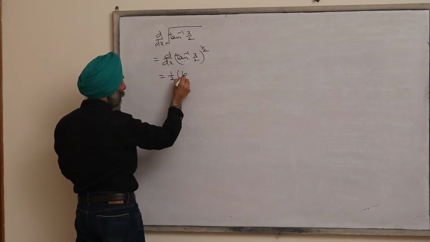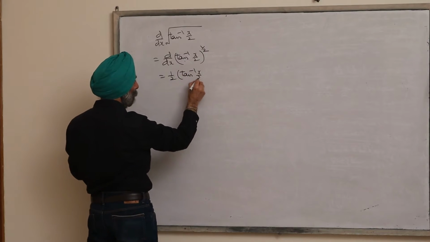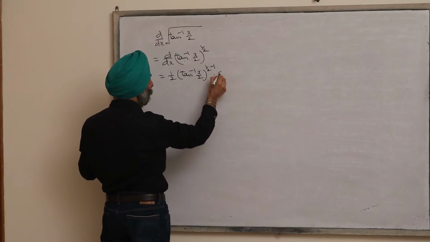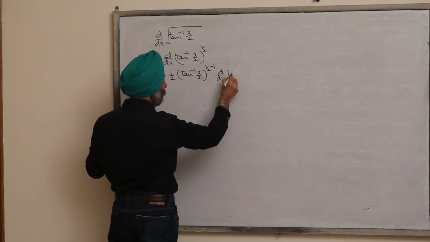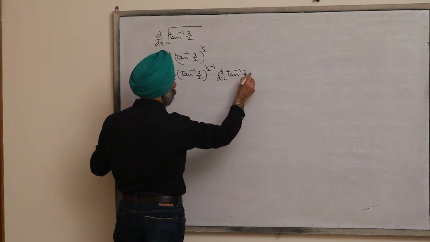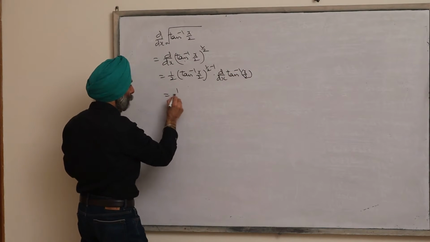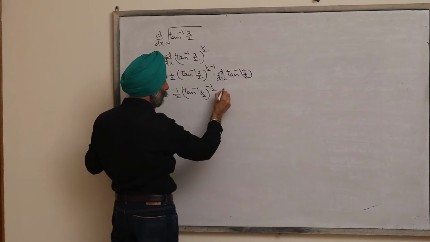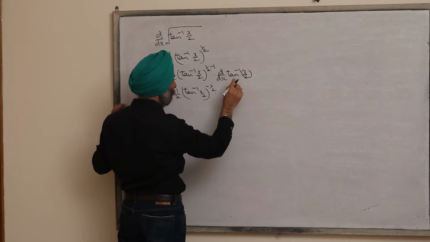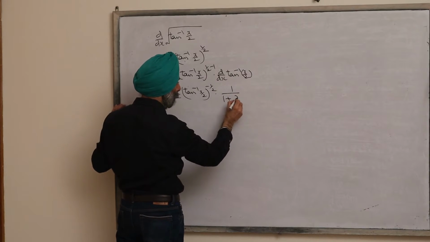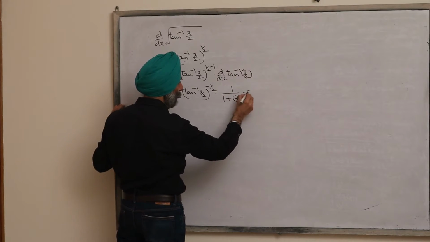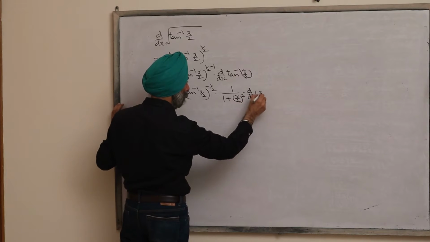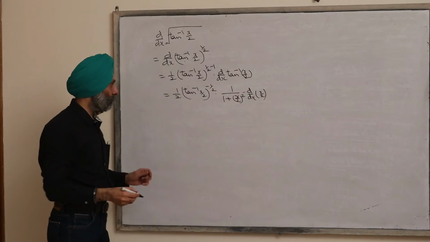It is n times x raised to power n minus 1 into d over dx of tan inverse of x over 2. So it is half of tan inverse of x over 2 raised to power minus half into differential of tan inverse, which is 1 over 1 plus x square, into the derivative of x by 2.